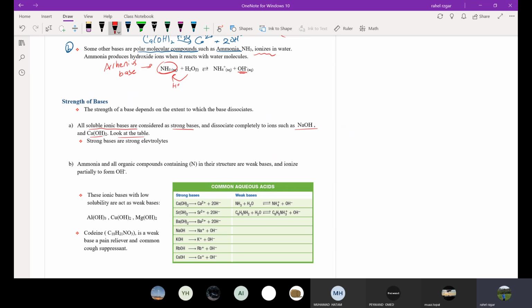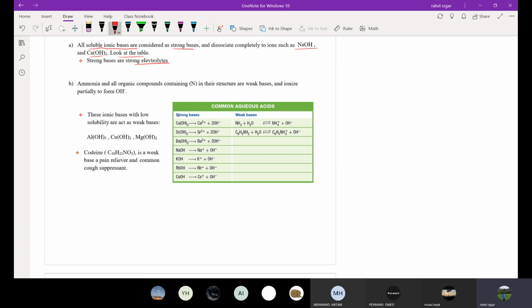Look at the table. Strong bases are also strong electrolytes. So all of these are strong bases. Ca, Sr, and Ba: these three are group 2 metals. If you want to memorize, they are from group 2. The others are from group 1.